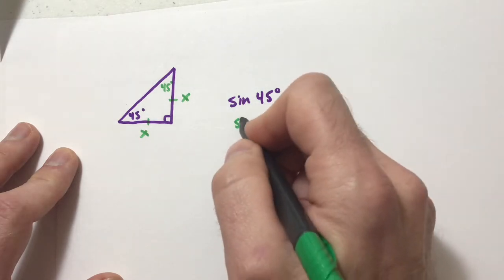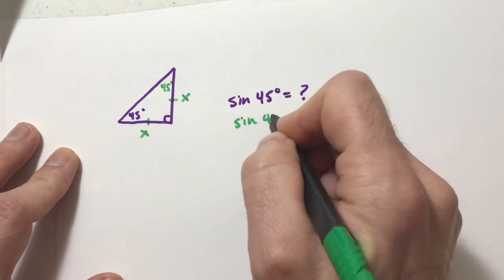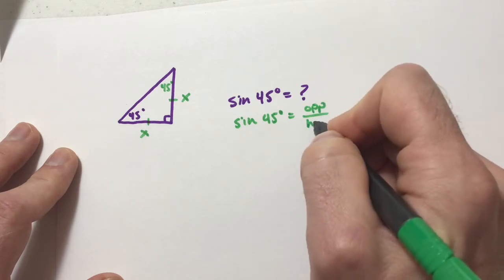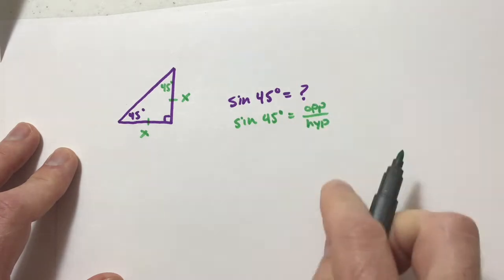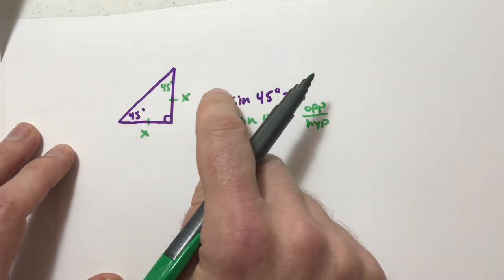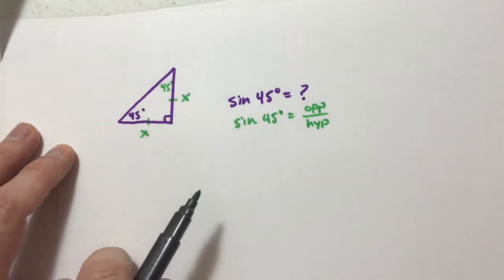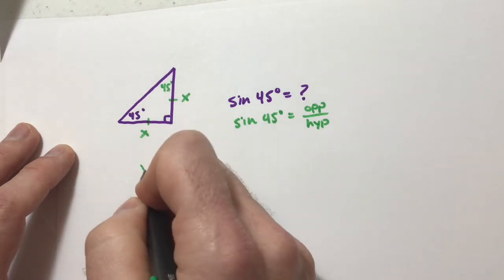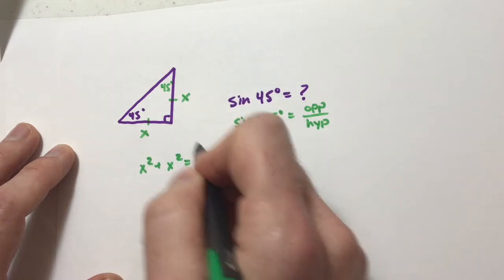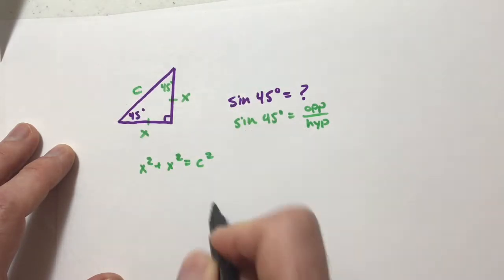Now I know that sine of an angle is going to be the opposite length over the hypotenuse length. That's the number I was talking about. The opposite right now, I'm just calling it x. I don't know what the hypotenuse is, but I can use the Pythagorean theorem. x squared plus x squared equals, I'll call that c for right now, c squared.